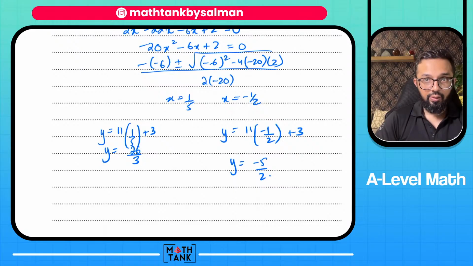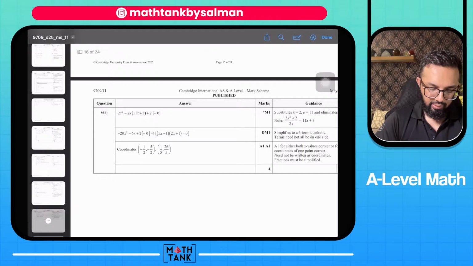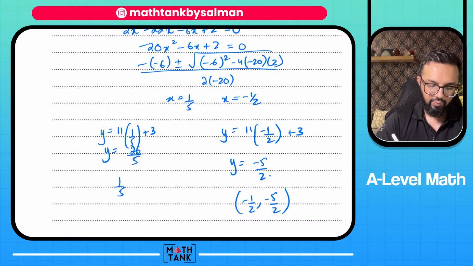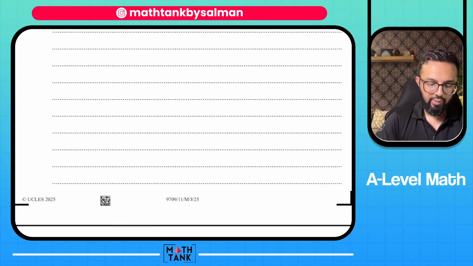Very complicated answers, but let's check if they're correct. Minus half and minus 5/2. Yeah, that's correct. And 1/5 is 26/5. Okay, very important to be careful with the answers.